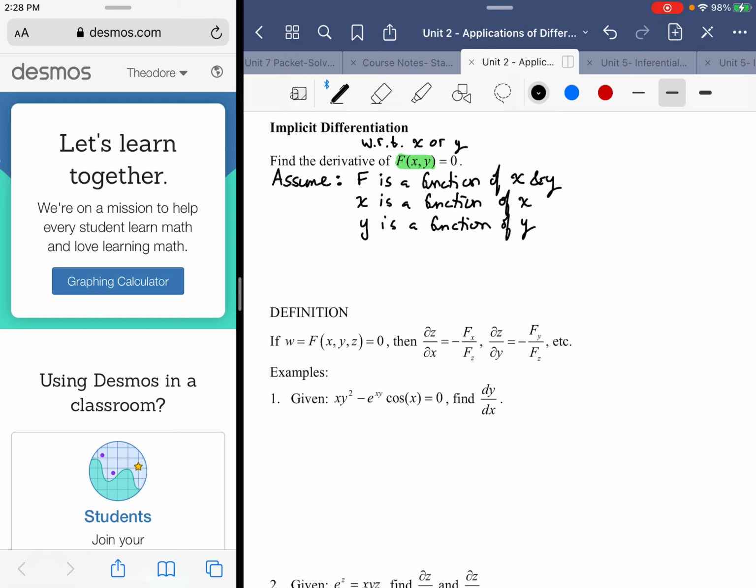So I'm going to go back to my chain rule tree diagram concept and say, okay, I'm starting off with f, and I'm going to break that up by partials: partial with respect to x, partial with respect to y.